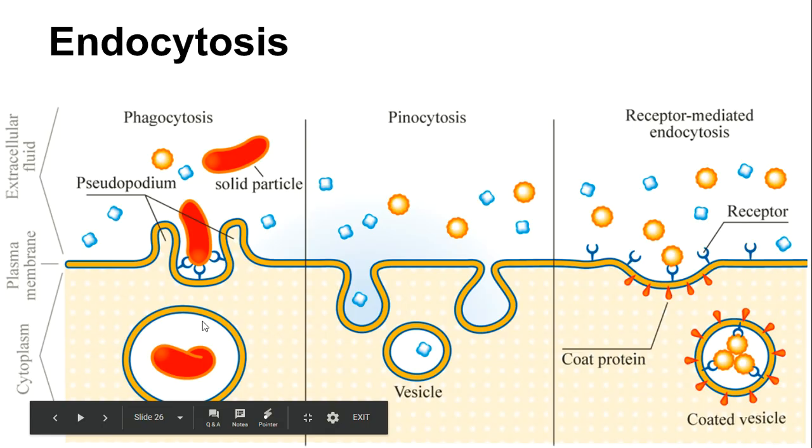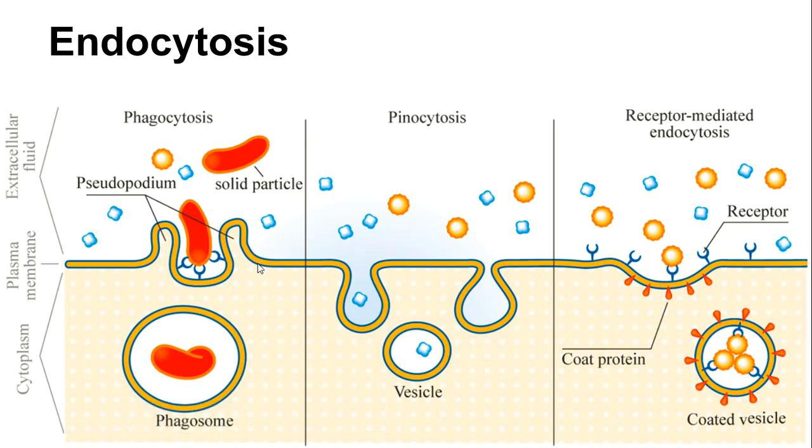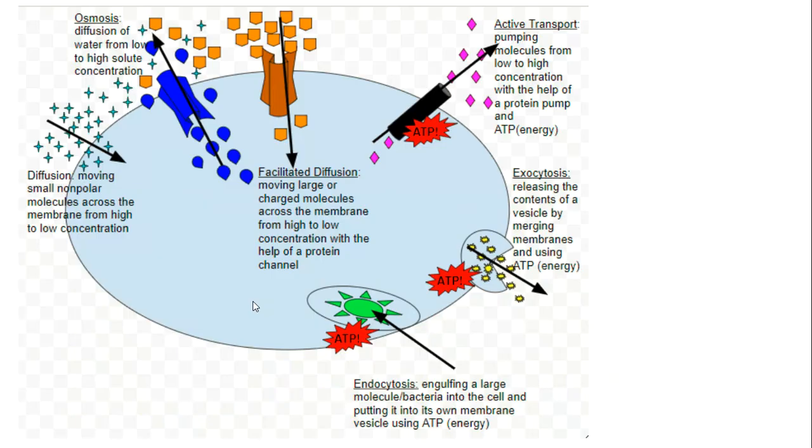And as it's in its own vesicle, now it can't hurt us. And we can end up bringing over a lysosome to secrete digestive enzymes and destroy it. But endocytosis, if we're taking in large amounts of material and we're going to put it in a vesicle, that's endocytosis. It always goes in.